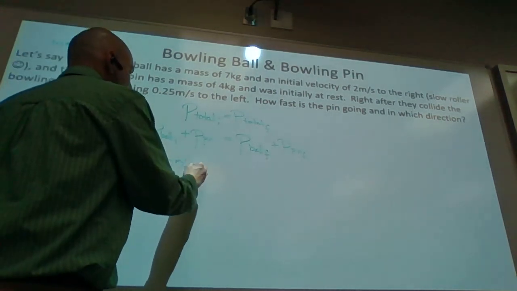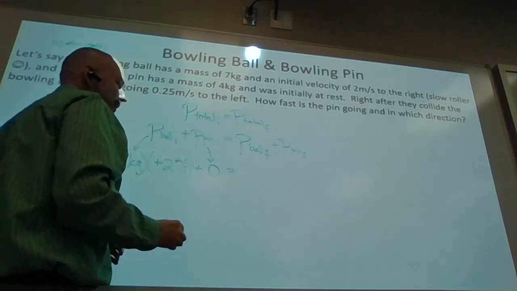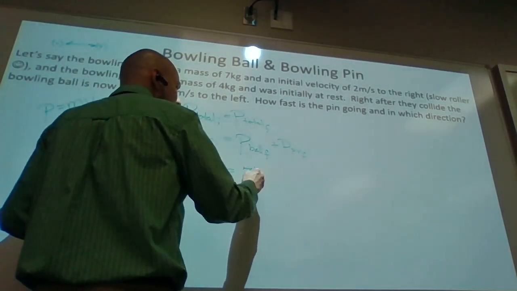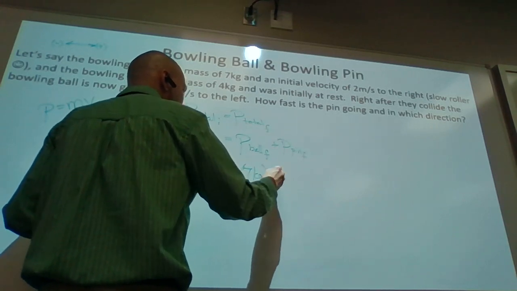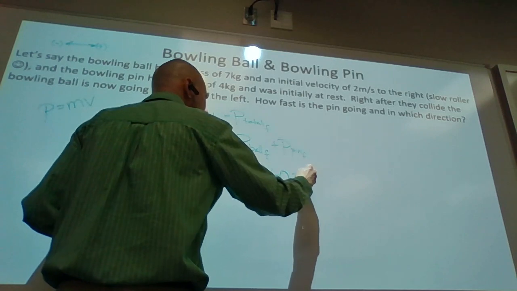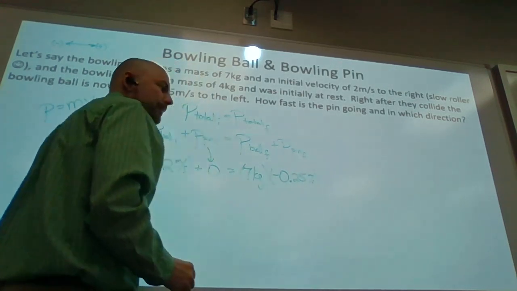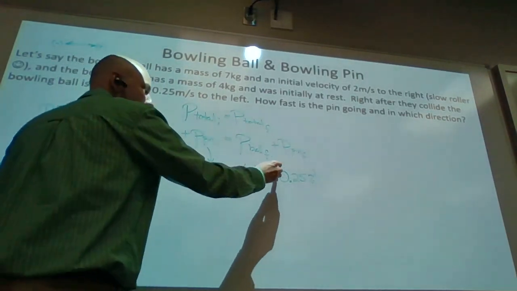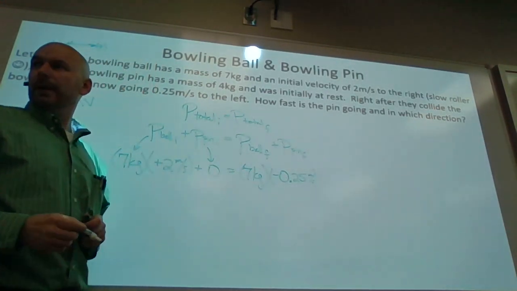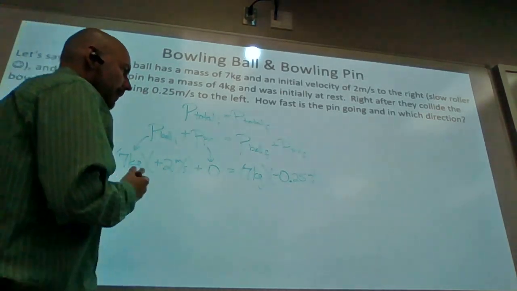Okay. So plus the pin's momentum initially, which is 0, is equal to afterwards. The mass of the ball did not change, and the ball is now rolling backwards to the left, negative 0.25 meters a second. So the negative sign has to be included. That is super crazy important.